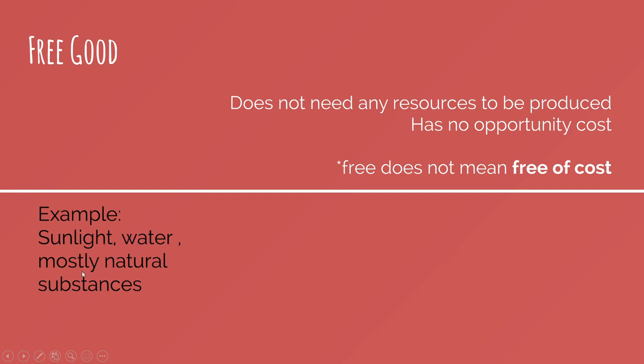So they are mostly natural substances or material, and they have no opportunity cost. So we can have sunlight and water together, because it is there and it cannot be excluded, or we don't have to choose.